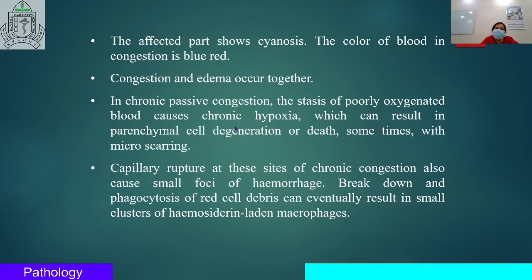So there are 3 points: chronic passive congestion develops chronic hypoxia, which develops parenchymal cell degeneration or death. So there is a consequence. Chronic passive congestion causes chronic hypoxia, which causes cell degeneration or cell death.